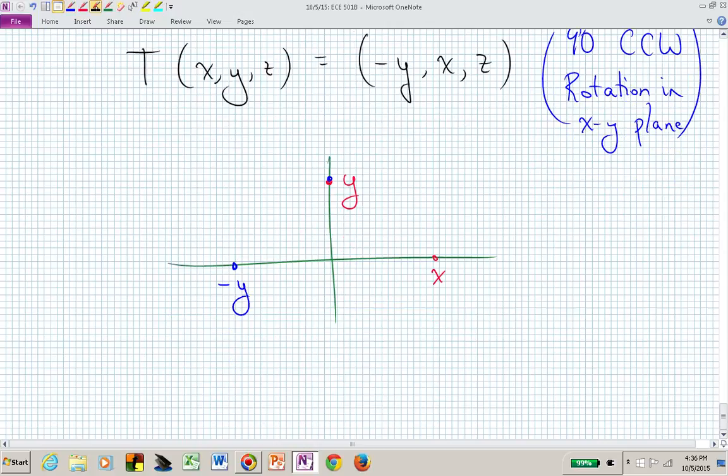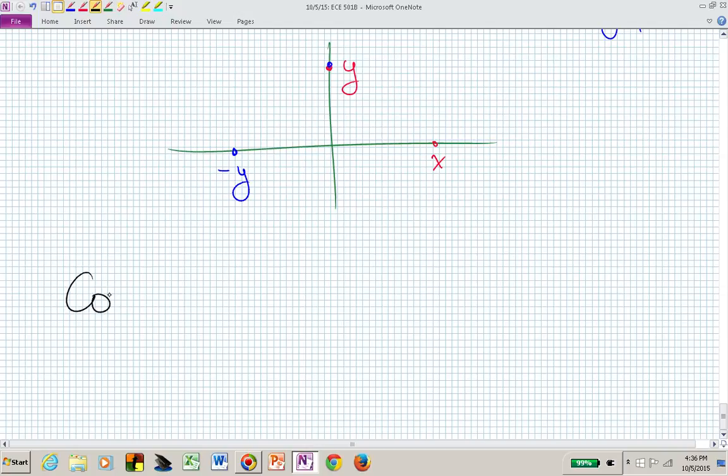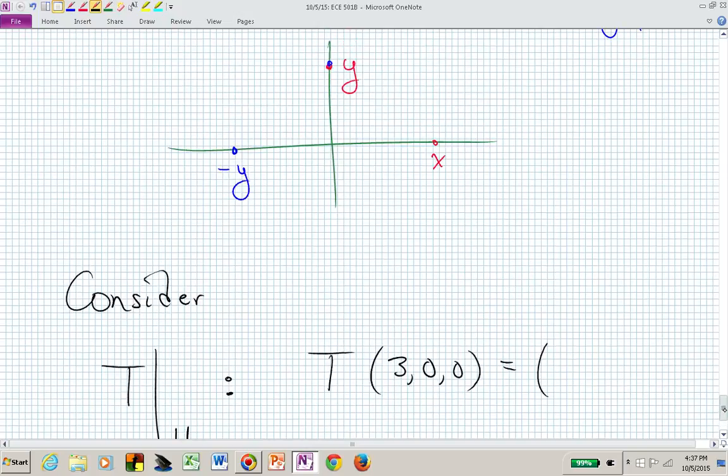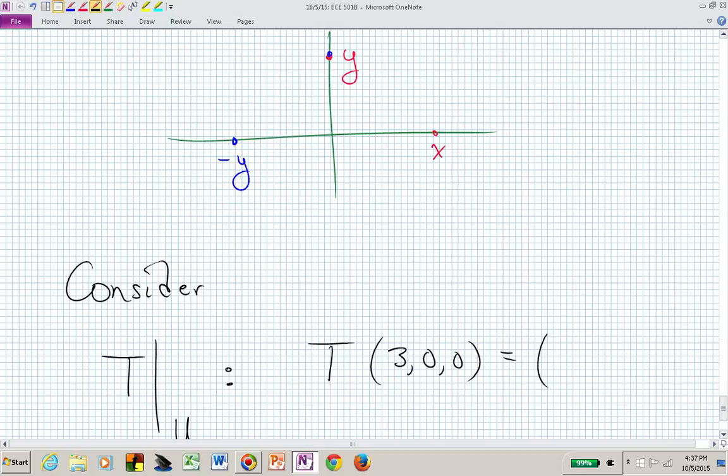So now let's see what that means if we started with a vector in one of these subspaces that we've done our direct sum decomposition into. Suppose that we consider applying this linear map T and restricting that to U sub 1. Now what happens? Let's start on the x-axis. If I start at 3, 0, 0, where do I end up?